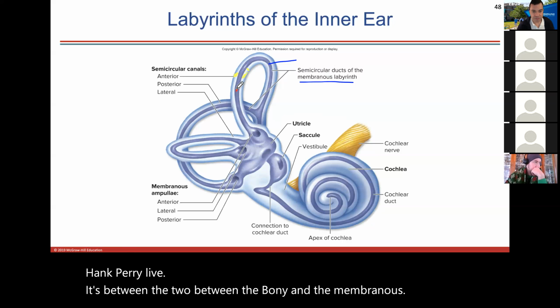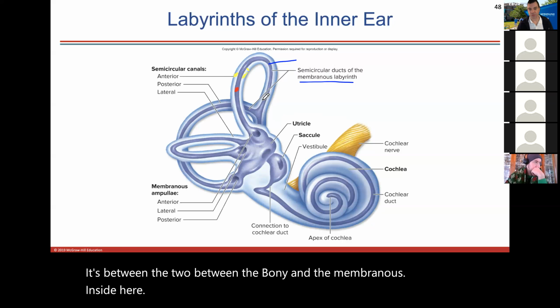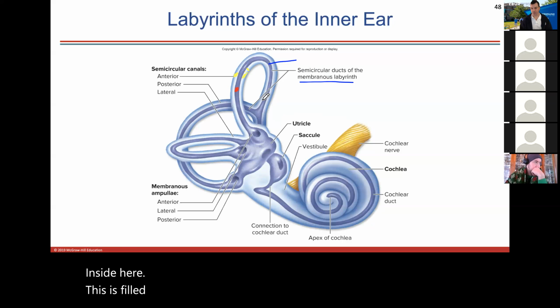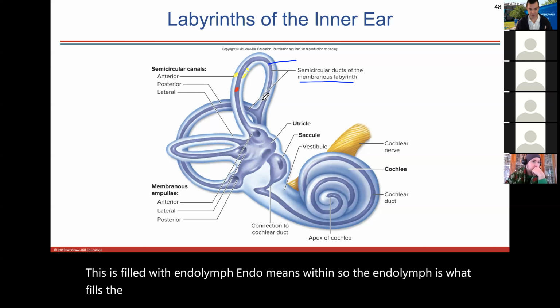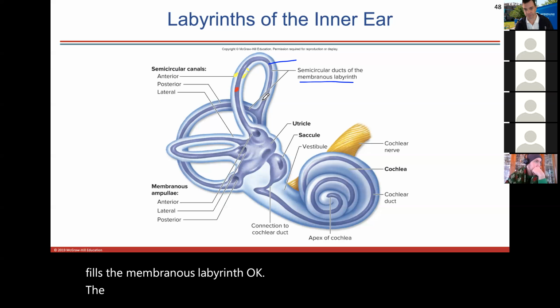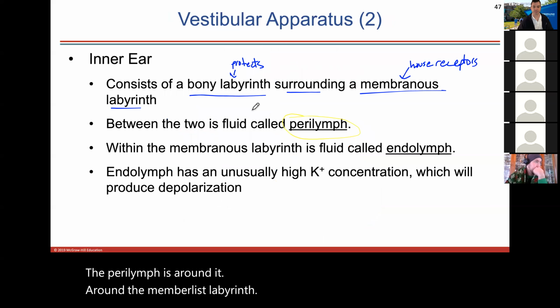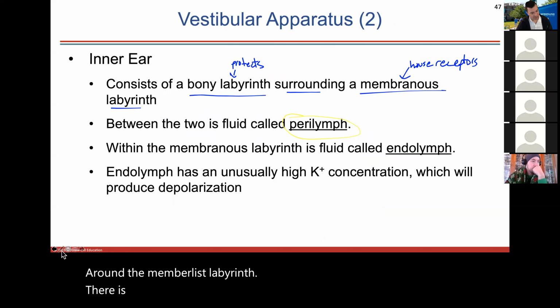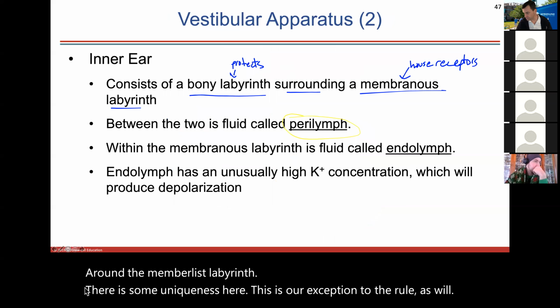Inside here, this is filled with endolymph. Endo means within. So the endolymph is what fills the membranous labyrinth. The perilymph is around the membranous labyrinth. There is some uniqueness here. This is our exception to the rule, as we'll see next week.